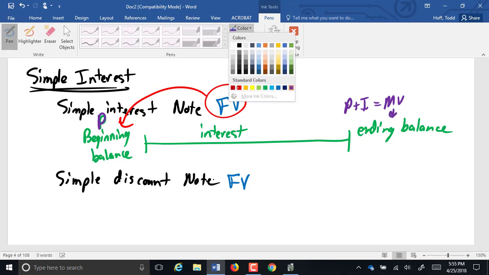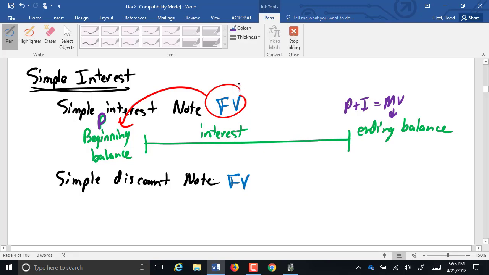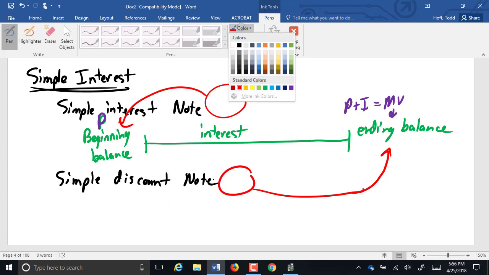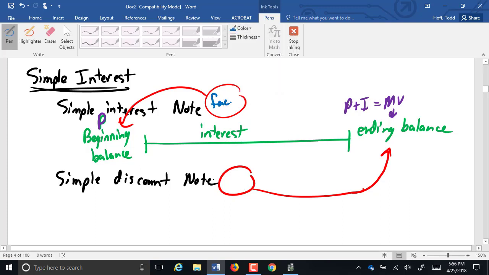For the simple discount note, that future value, or the face value, I should probably write that out instead of FV because FV does stand for future value too. So that's face value. The face value is actually the ending balance.